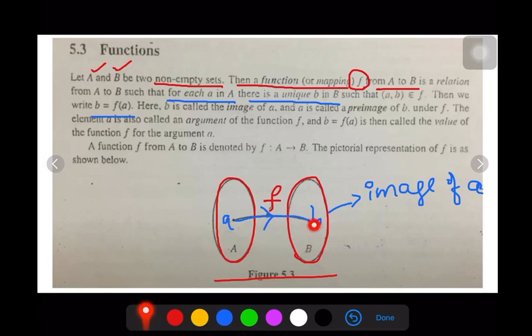So you call this b the image of a and a is called the pre-image of b under F. That is the definition: image and pre-image.